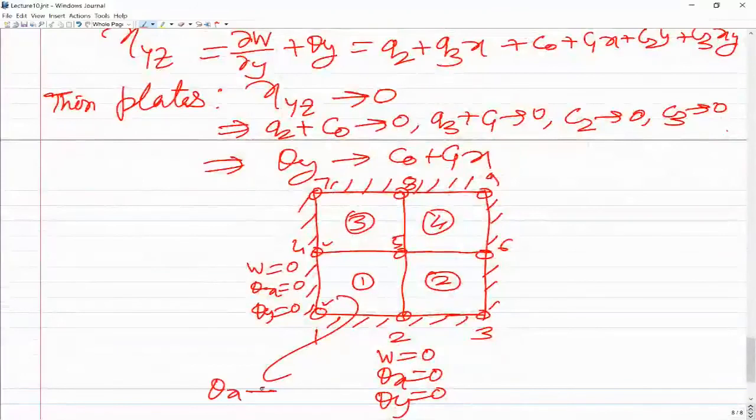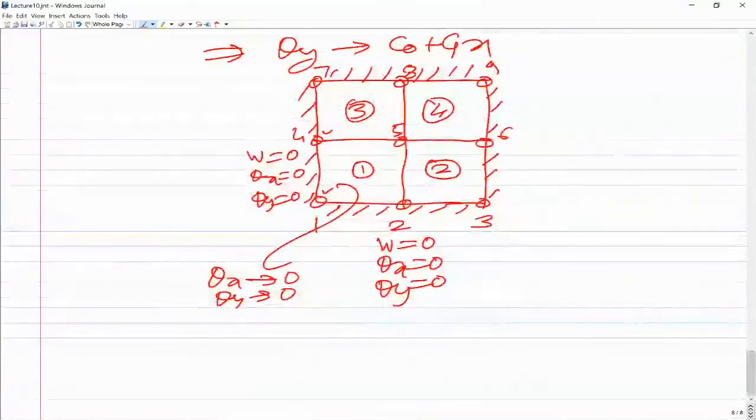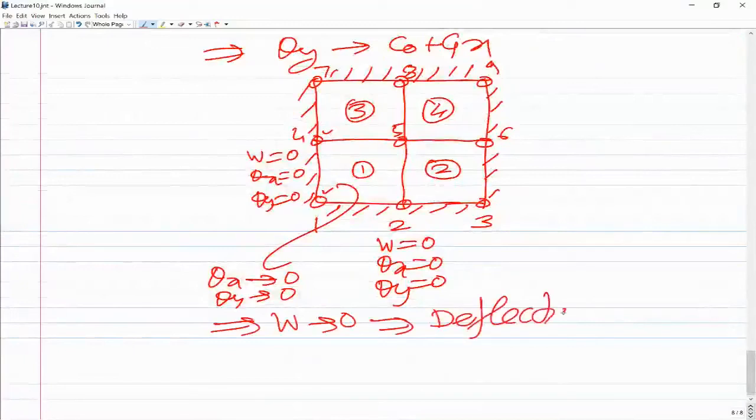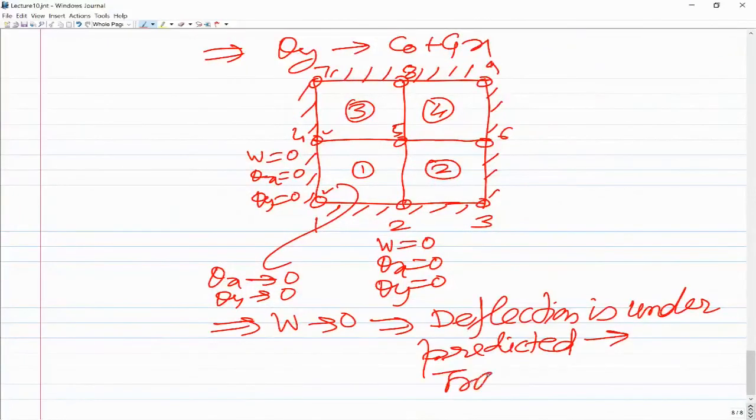For thin plates, theta x will approach 0, theta y will approach 0. And once theta x and theta y approach 0, the deflection w will be under predicted. So this implies that w is also approaching 0. That means deflection is under predicted. This is because of the transverse shear locking, as I explained.